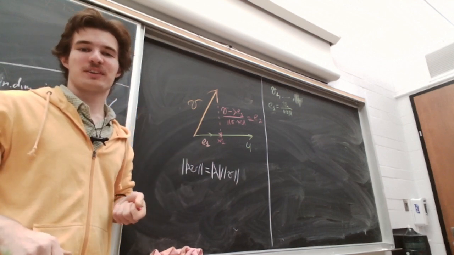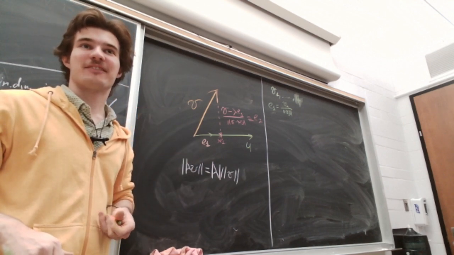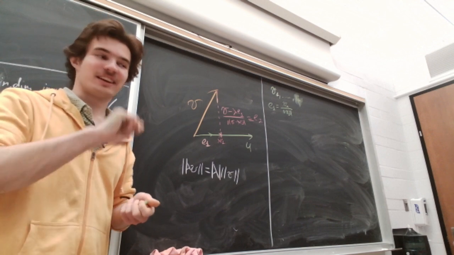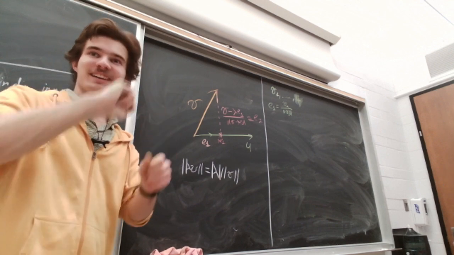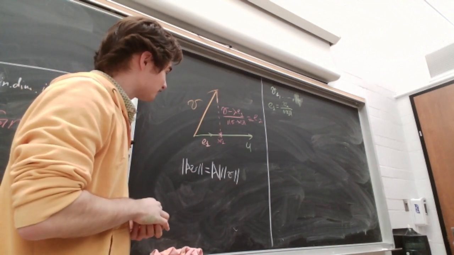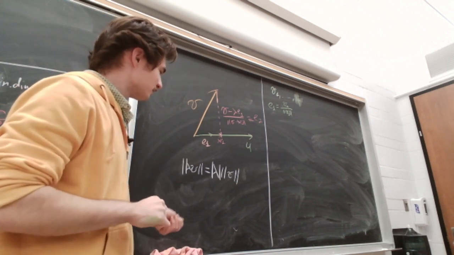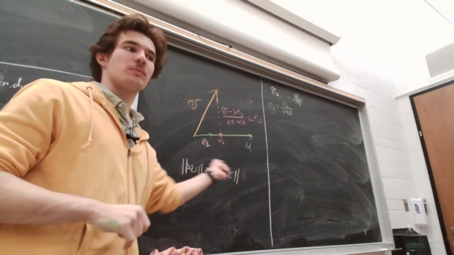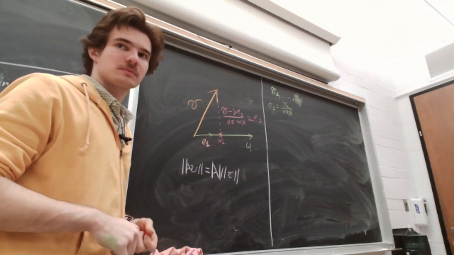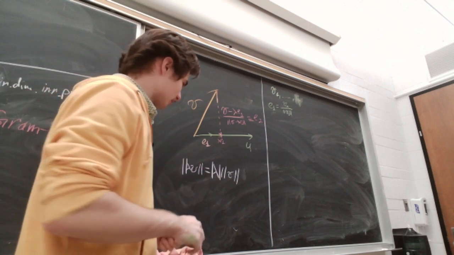Which is what you would expect, but it's pretty bad that I forgot that. Sorry, that's pretty important. But this is something you should be able to prove quite easily yourself. I'll put it as an exercise as well.